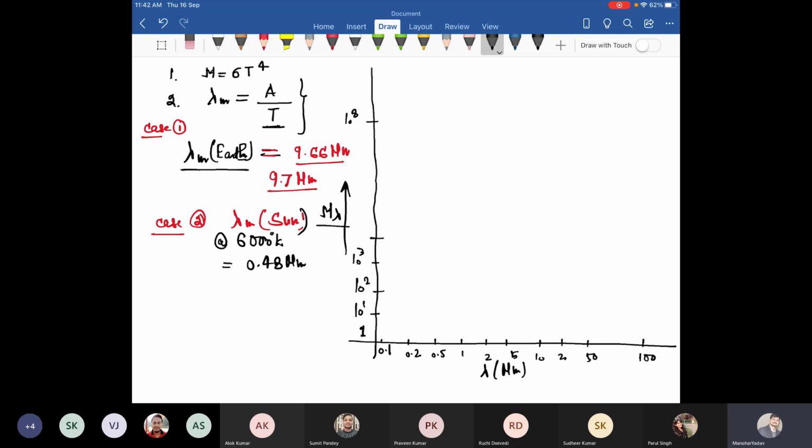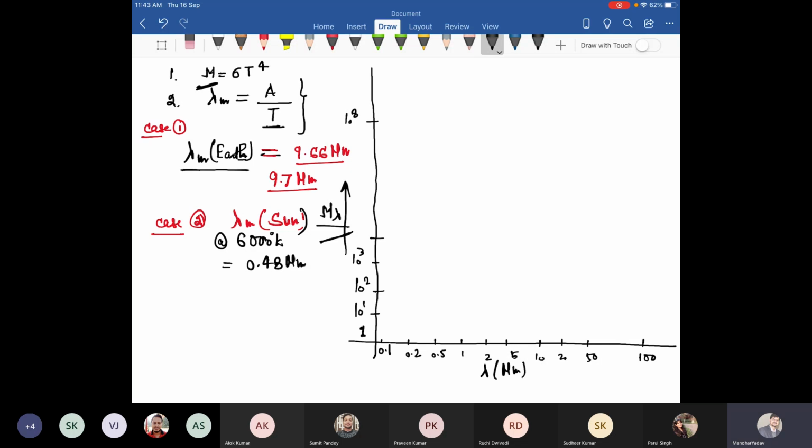Fine. And on this axis, we have M lambda. Along the dependent axis, we have M lambda, and it is spectral radiant exitance now. Here, this is radiant exitance. Now it is spectral radiant exitance. It means how much energy is radiated or transmitted from a material per unit area, per unit wavelength.